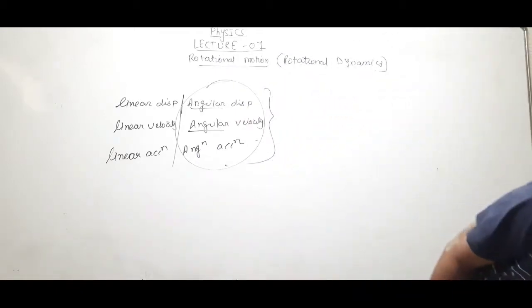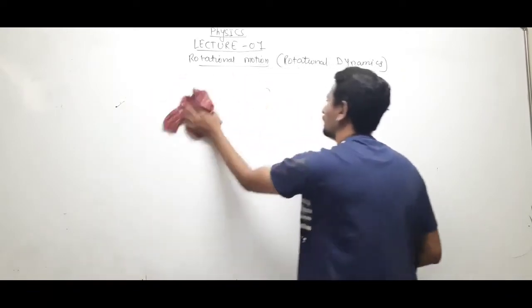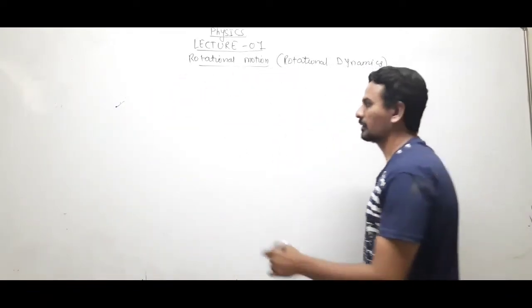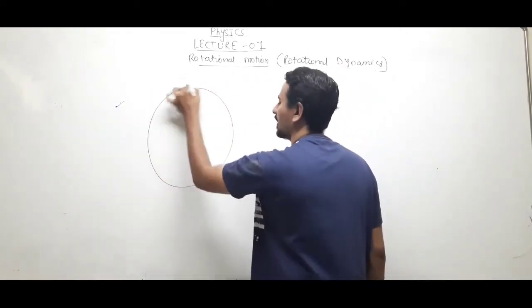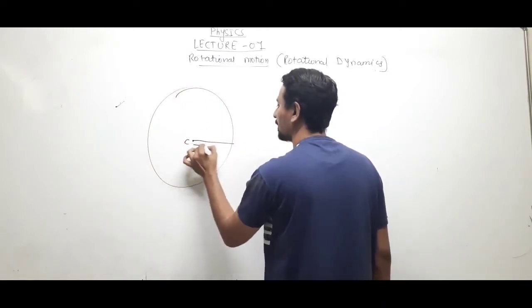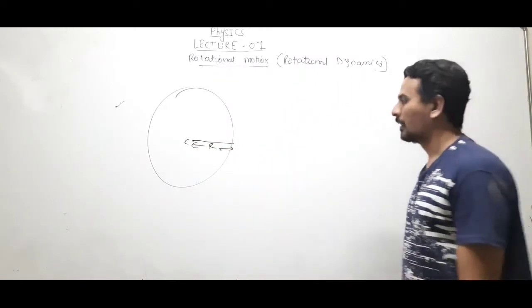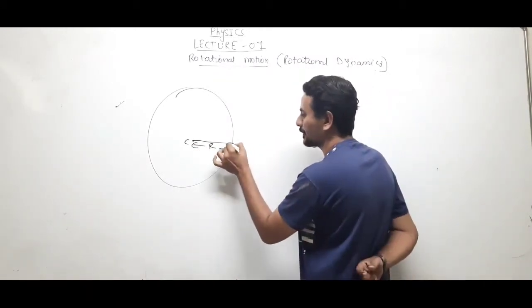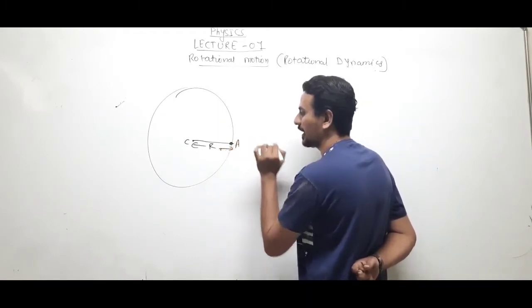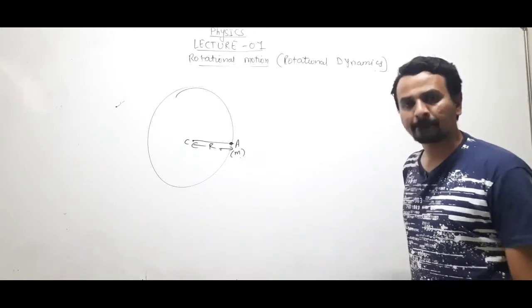Okay. See, suppose there is a circle, let us say R be the radius. Let us consider a particle over here. There is a particle at point A having a mass m.